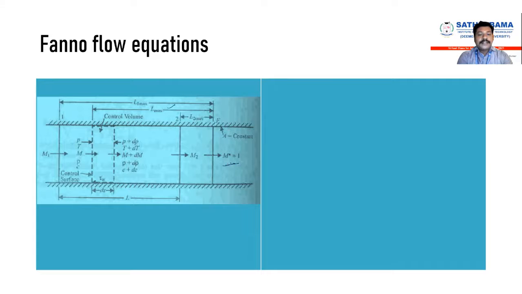So we are achieving the maximum sonic state. From the initial stage to the maximum sonic state, the critical length is L1 max. And from stage 2, we have M2 to M star equal to 1. That critical length is said to be L2 max. But what is your L max? My L max is L1 max minus L2 max.